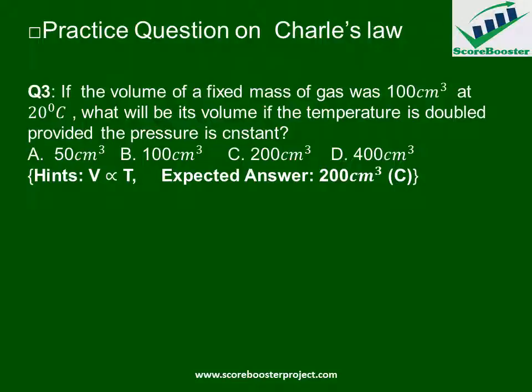Now, the hint here is that V is directly proportional to T, meaning that as V increases, T also increases. As V decreases, T also decreases. So the expected answer here is 200 cm3, making option C the correct answer for the question.